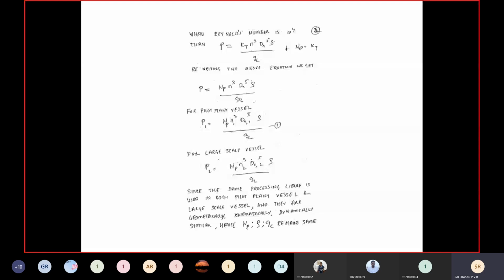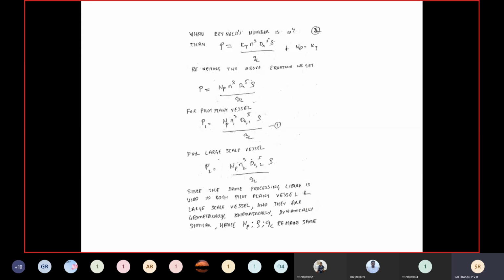Now power functions are the same because the Reynolds number is the same, so hence the power function will be the same. Then, because the density of the fluid in the small pilot plant vessel and the large process vessel are both the same. Similarly, I have written it for the large process vessel, where N is replaced by N2 and dA is replaced by dA,2.